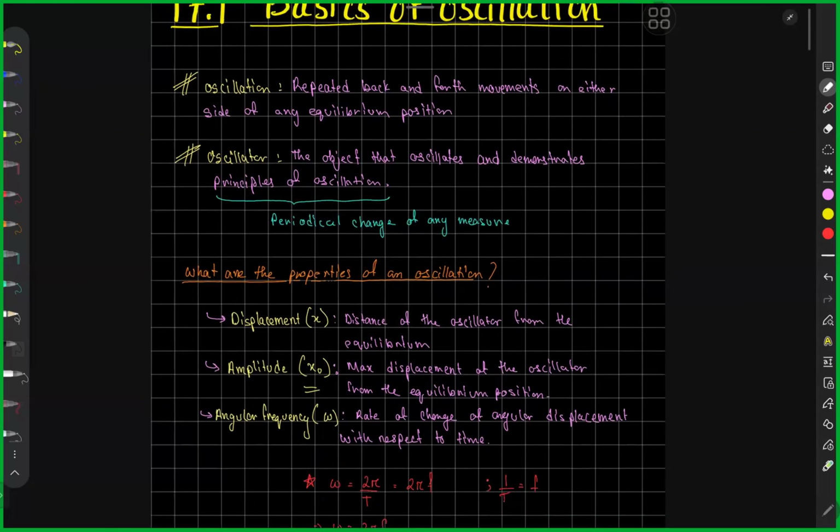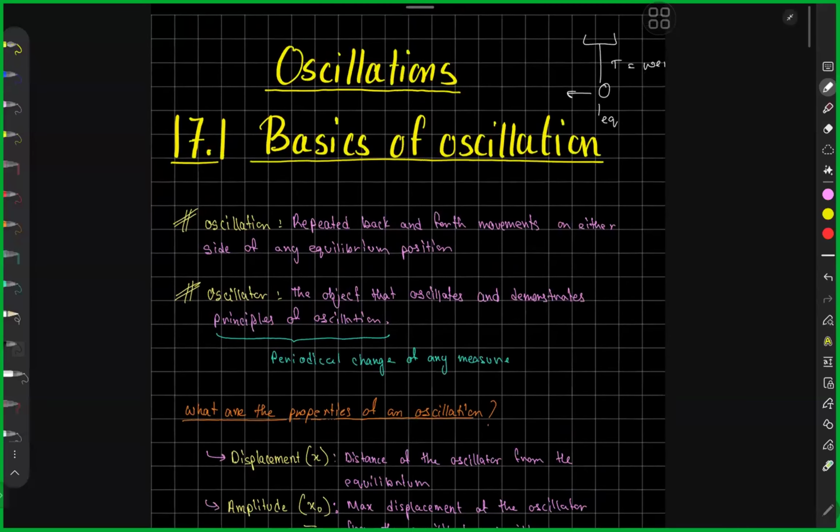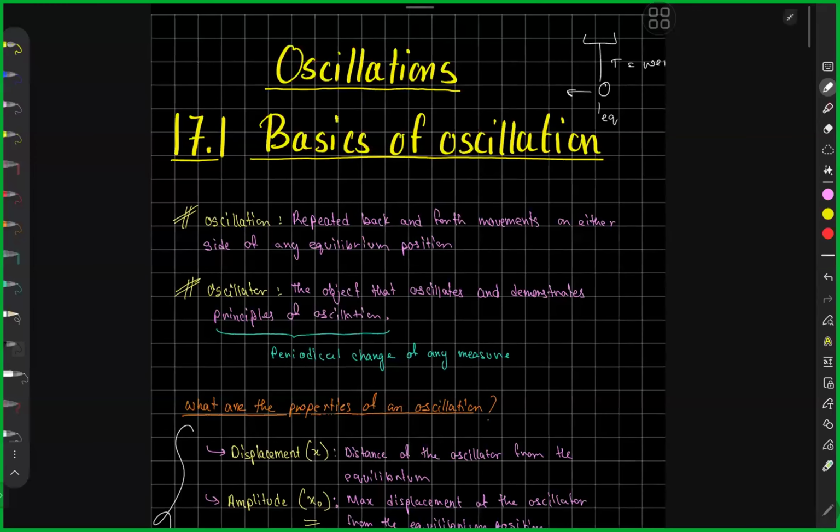So now, if you just look at the ideas over here, displacement, amplitude, angular frequency, these are the terms you're going to be working with, right? Now, when I was talking about, again, these are the things I'm going to explain over here, displacement, amplitude, and angular frequency.